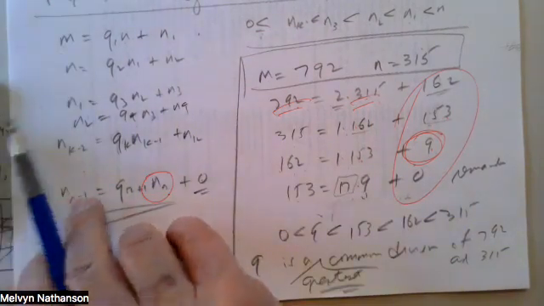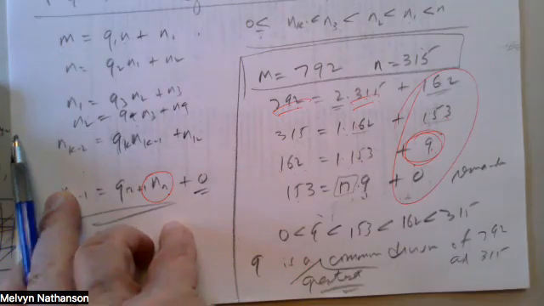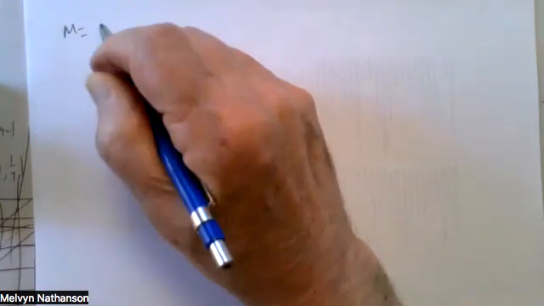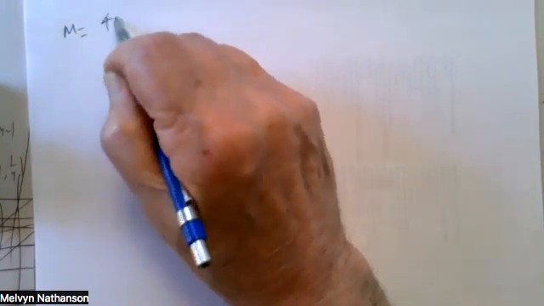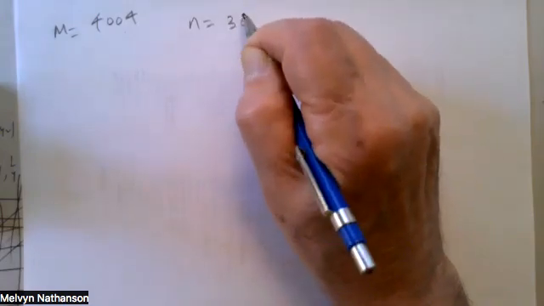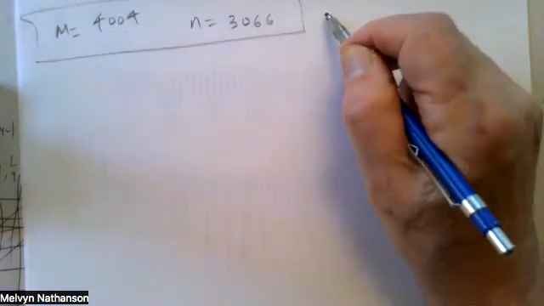So suppose I take the numbers m equal to 4004 and n equal to 3066. Use the Euclidean algorithm.